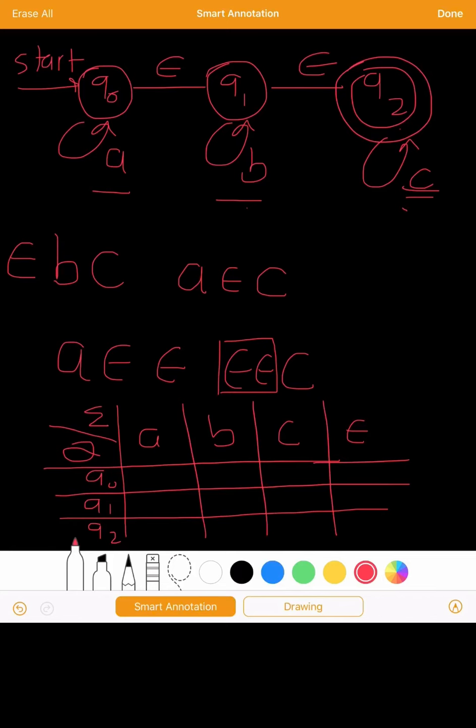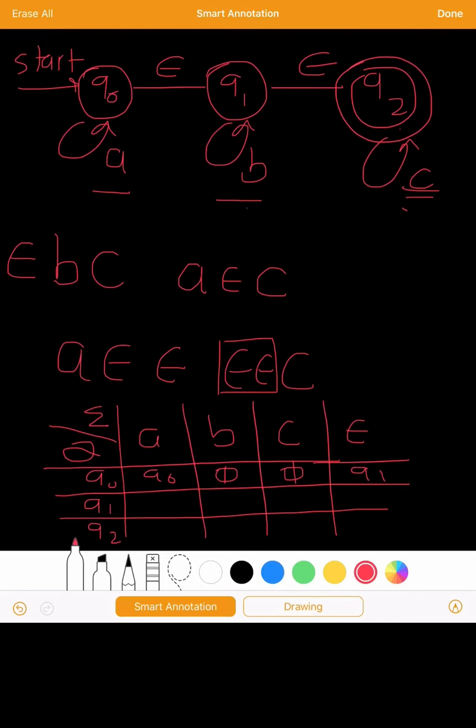So for Q0 we are carrying A to Q0 itself, right. Q0 don't carry B's, that's why we can write here phi. Also Q0 don't carry C, that's why we are writing here phi. So from Q0 we are carrying epsilon to Q1, that's why we can write here Q1.